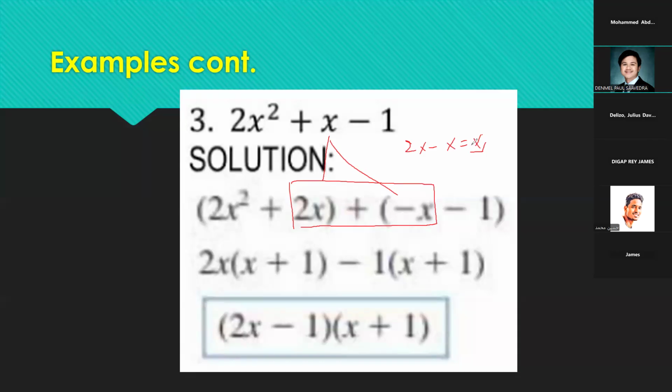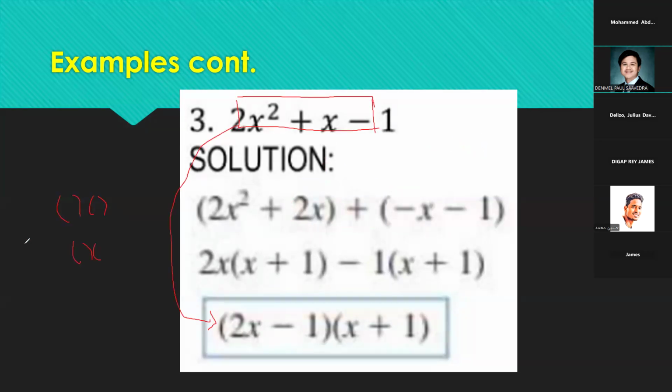Yes, yes. Okay. So we only did this one so that there will be a 2x in here, so that we could factor out the 2 and then the x at the same time. So from here, let me just erase.